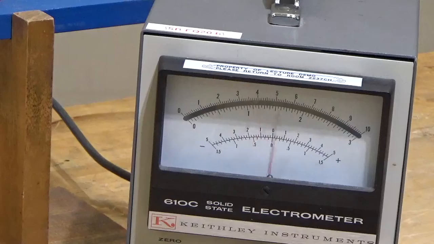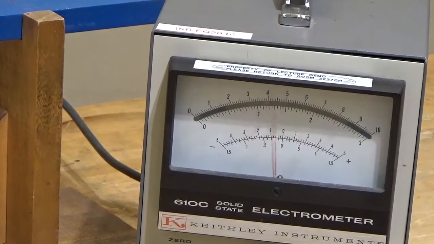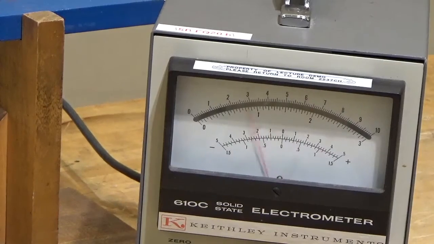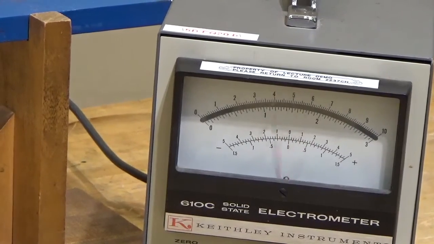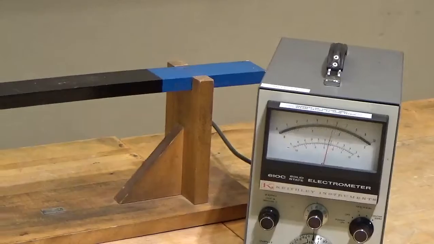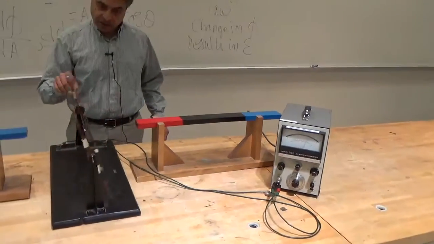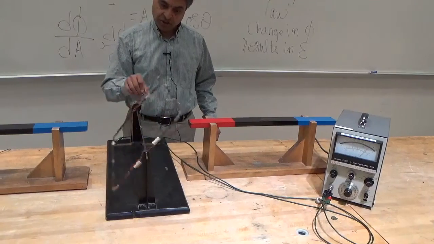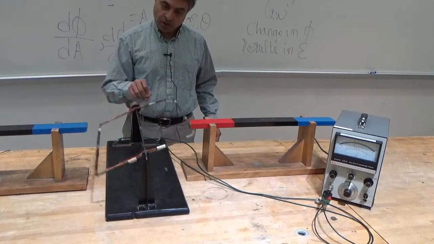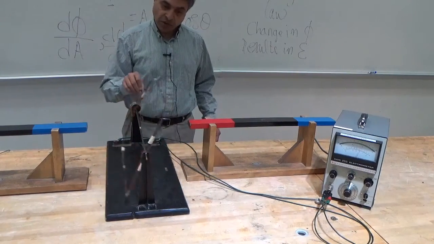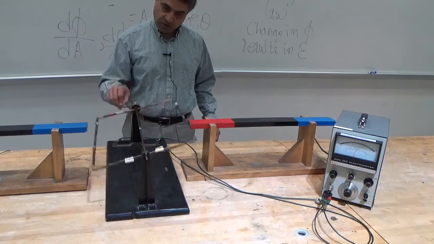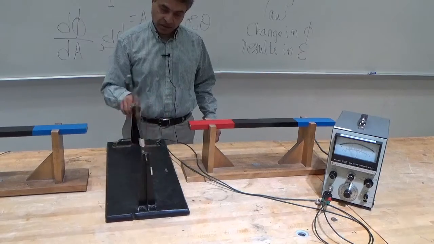As we rotate it at a constant velocity, the uniform circular motion, I'm changing theta, the angle, continuously, and you can see that the flux is changing sinusoidally, therefore the induced current is changing sinusoidally, and we are producing what is called alternating current. It's flowing one way and the other way as I move it. So the uniform circular motion results in an alternating current.